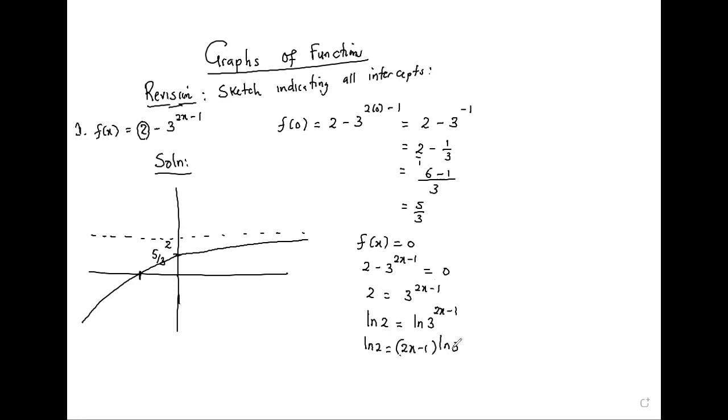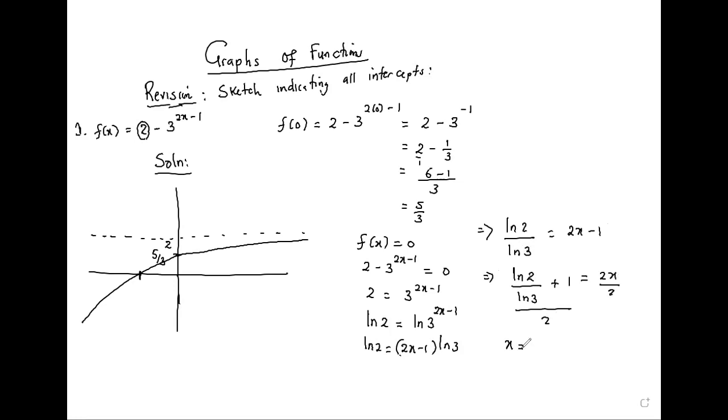Okay. Then now we can divide. So we're going to have ln 2 divided by ln 3 is equal to 2x minus 1. So we push minus 1 to the other side. So we have ln 2 over ln 3 plus 1 is equal to 2x. Divide by 2, divide by 2.